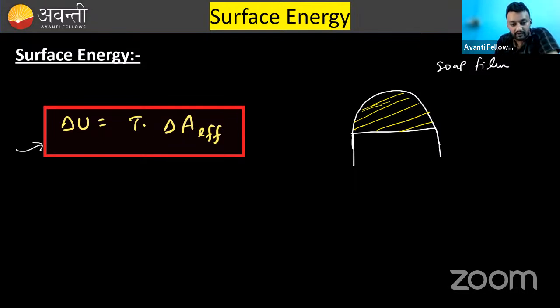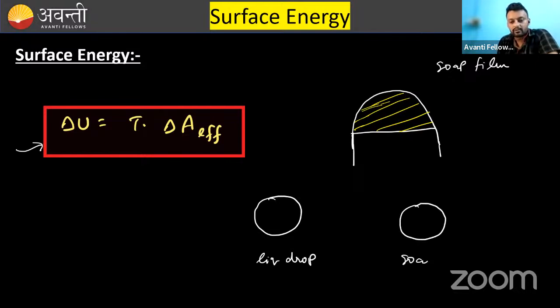Clear? Similarly, if there is a liquid drop and there is a soap bubble, what is the difference between them? The liquid drop has liquid inside it, so there is only one surface.